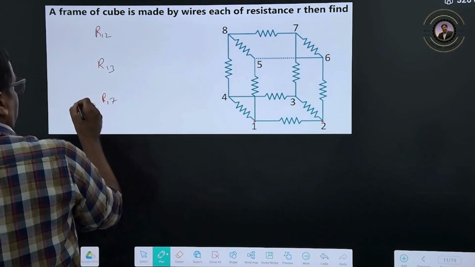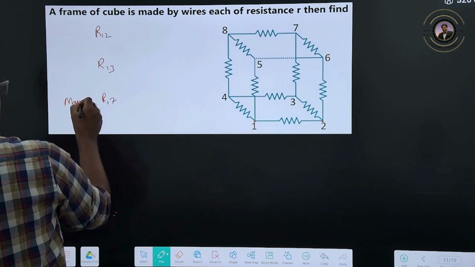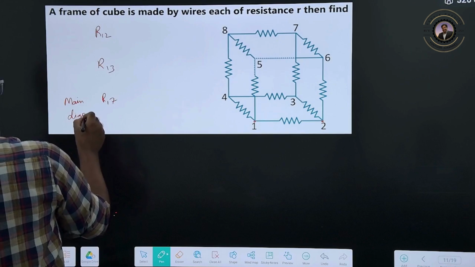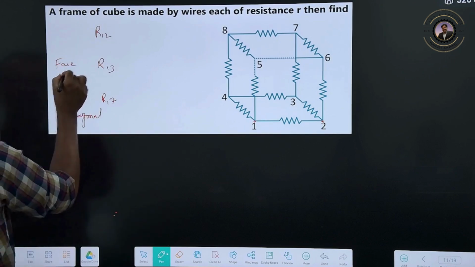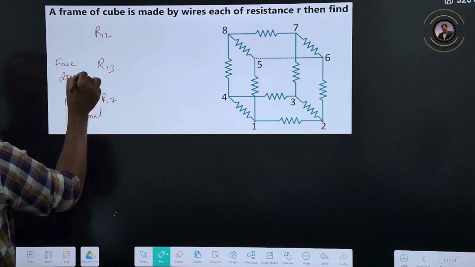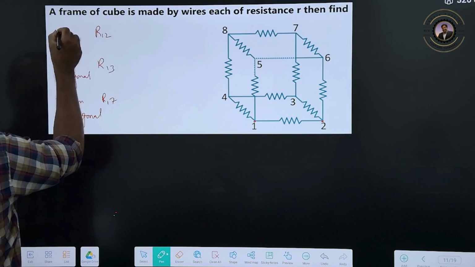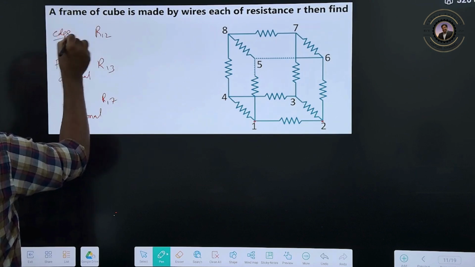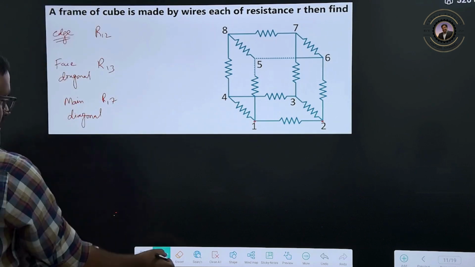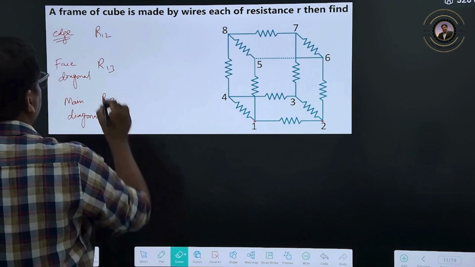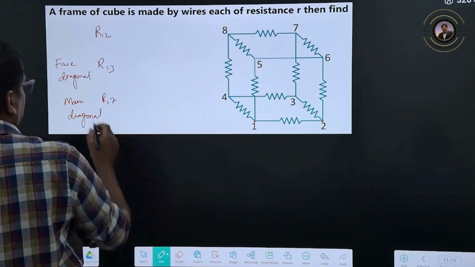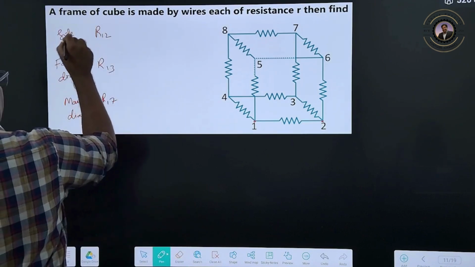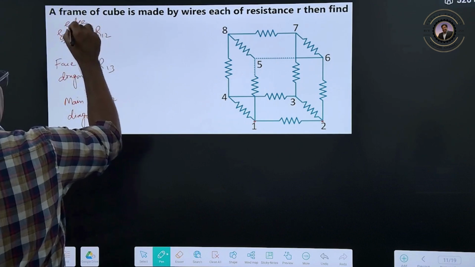So this is your main diagonal, this is the face diagonal, and this is one of your edges, one of your sides. The edge you can also write like this, clear.